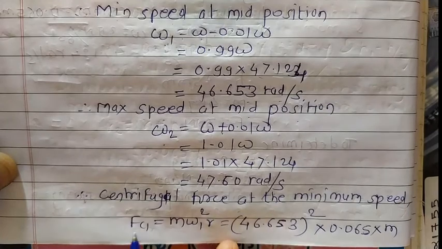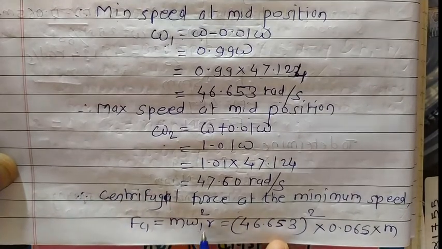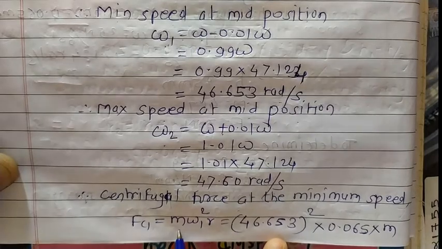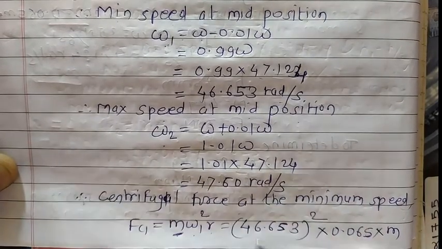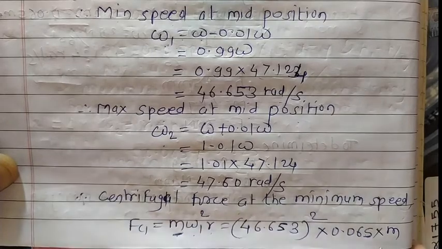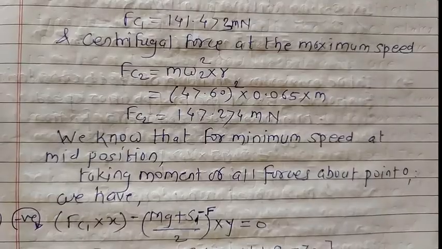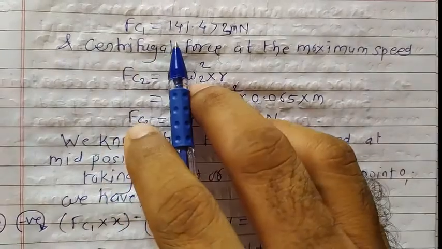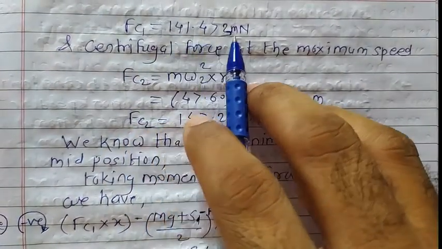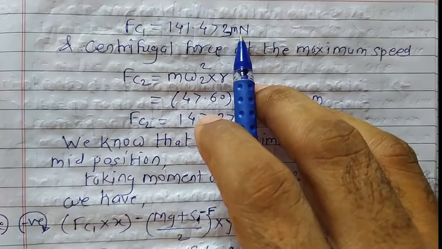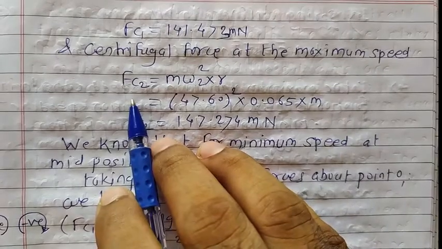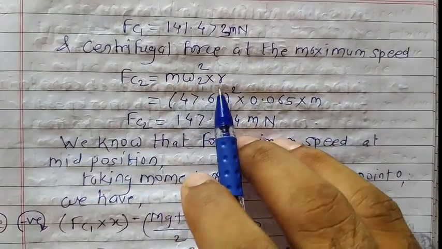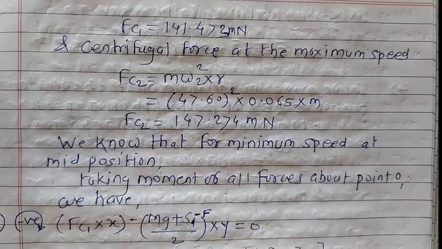What about the centrifugal force at the minimum speed? We know the relation Fc1 equals m into omega 1 square into r. Our target is to calculate the mass. We know the value of omega 1 and the radius, so substitute here and get the value of Fc1 in terms of mass: 141.473 m Newton. The centrifugal force at the maximum speed is Fc2 equals m into omega 2 square multiplied by r.